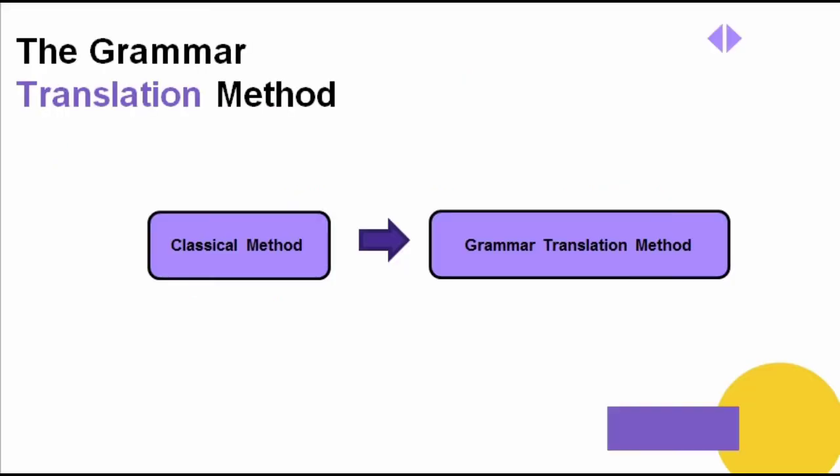The first method we're going to talk about is the grammar translation method. In the Western world back in the 17th to 19th centuries, foreign language learning was associated with the learning of Latin and Greek, both supposed to promote their speakers' intellectuality.